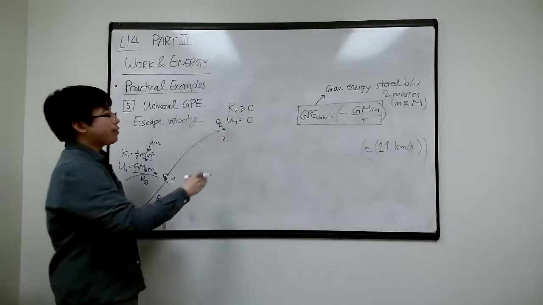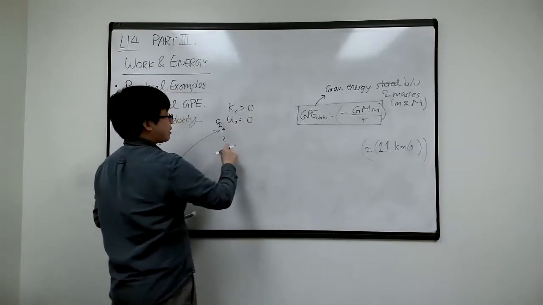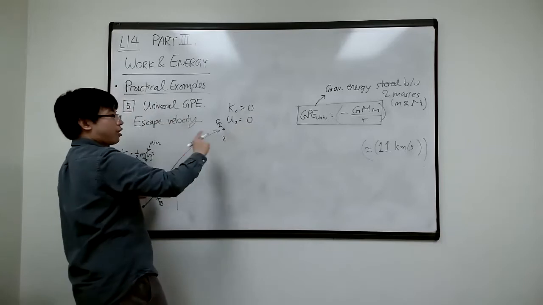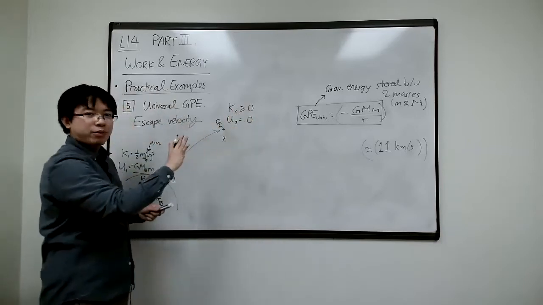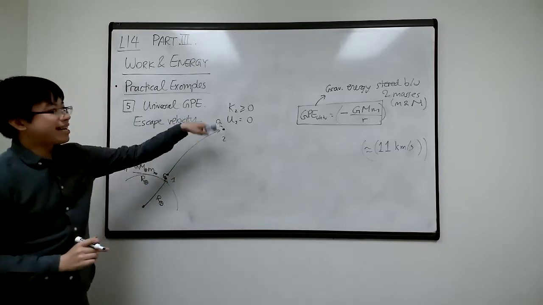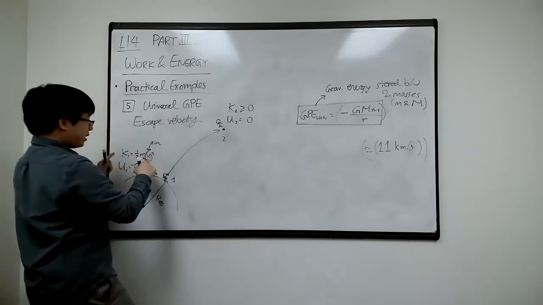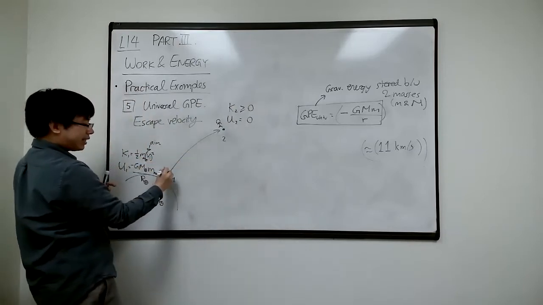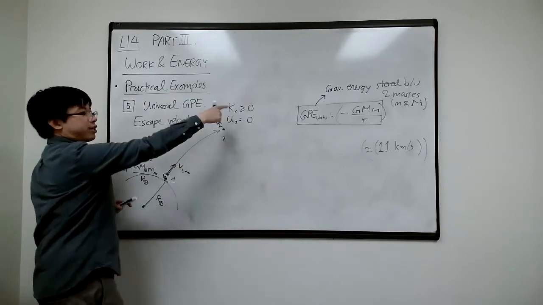Kinetic energy must be larger than or equal to 0. If it's larger than 0, it just means I keep going because gravity is no longer pulling me back, right? But I don't care. If I stop there, it's fine. I just want to know when I will never come back. So I want to find the minimum value of speed that I need to launch myself, V1 min, in order to achieve that, right?